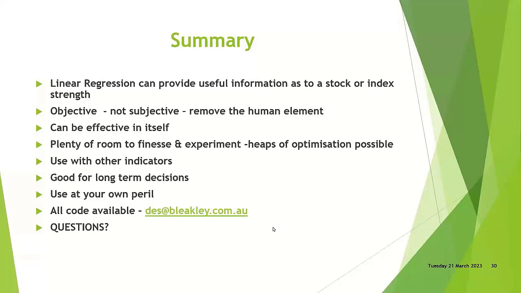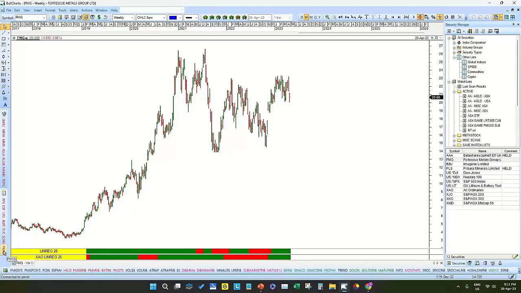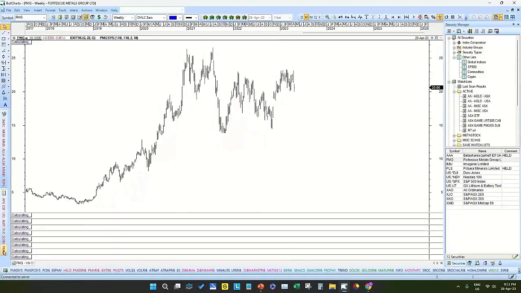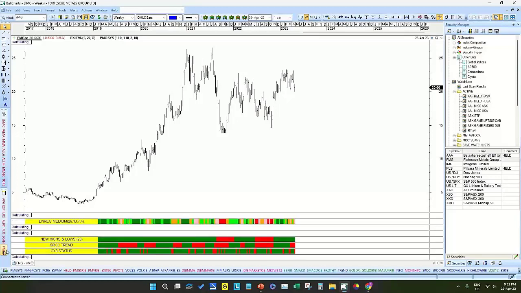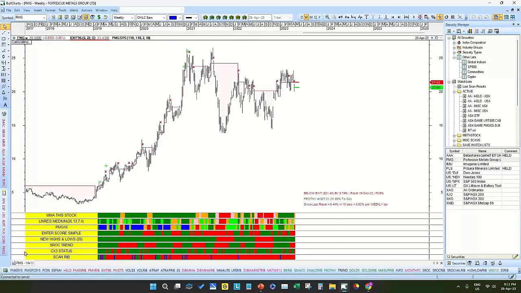I think it's useful if you put up a chart with other indicators, as an example like this. So this is a template that I would use often.